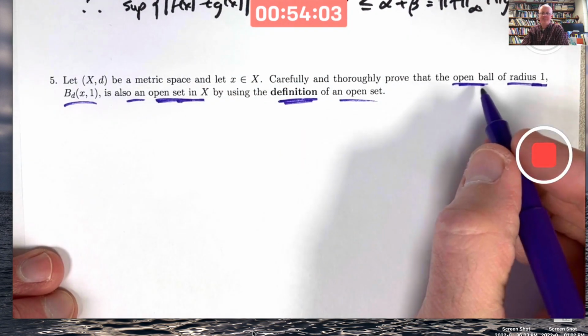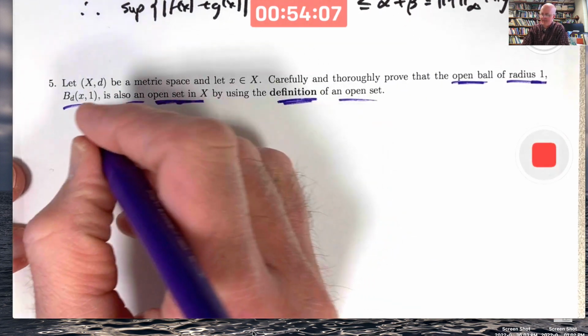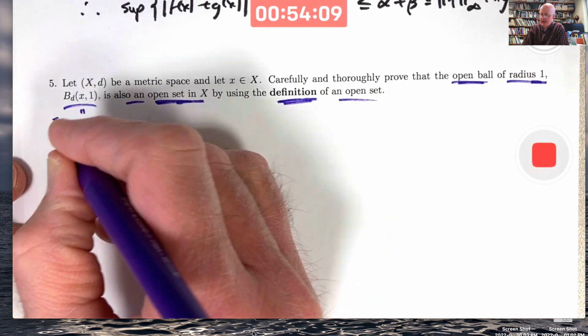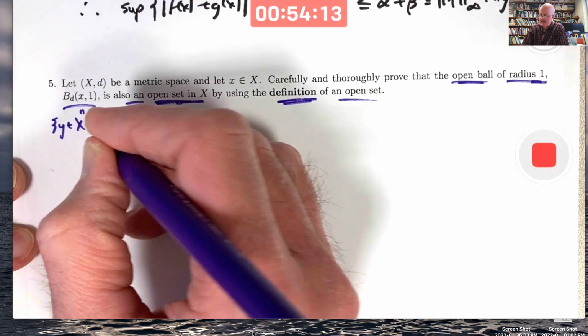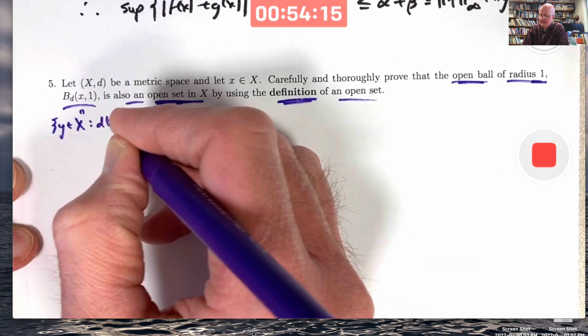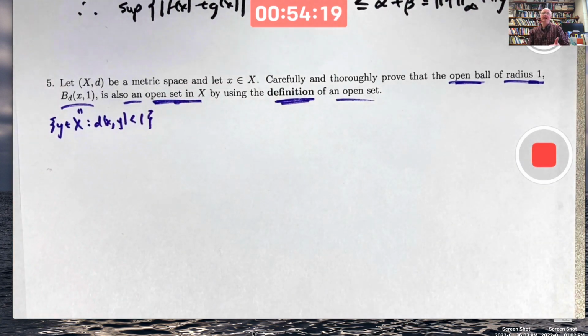Well, I mean, isn't it true by definition? It's an open ball. This is the set of all y in capital X whose distance to x is less than 1. Isn't that an open set by definition? No, even though we're calling it an open ball, it still takes proof to show it's an open set.